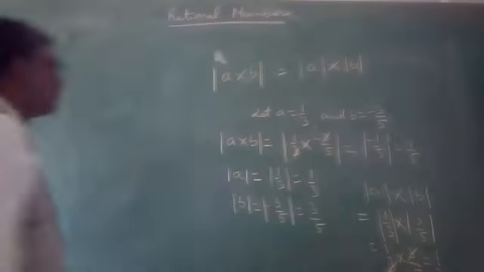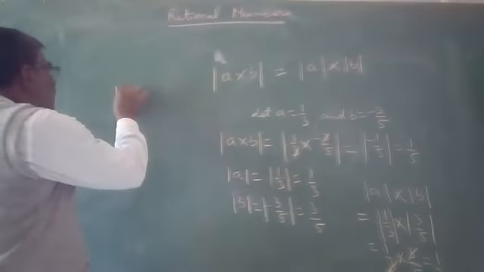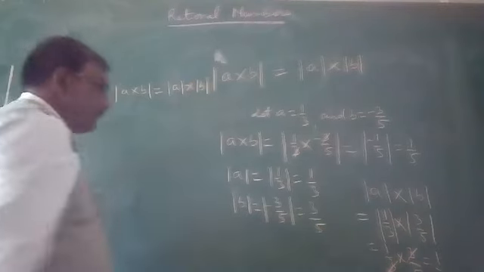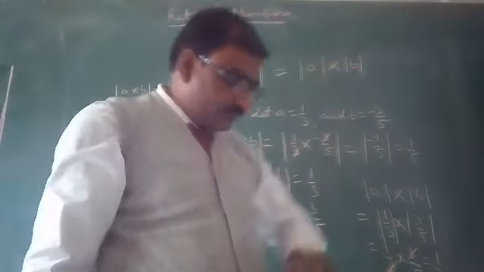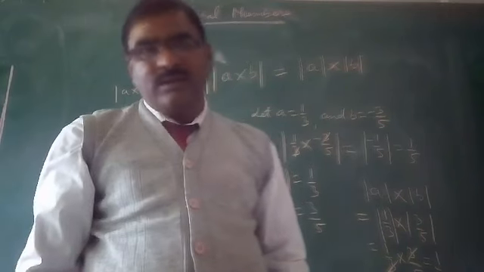Therefore, we have proved that the absolute value of A into B equals the absolute value of A into the absolute value of B. This is all about rational numbers, and that's all.